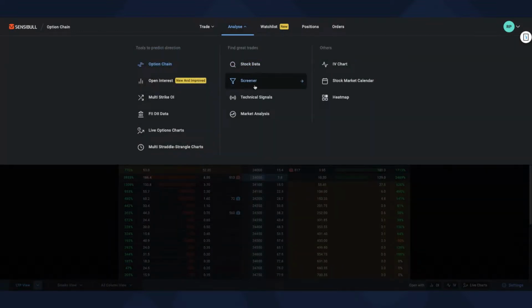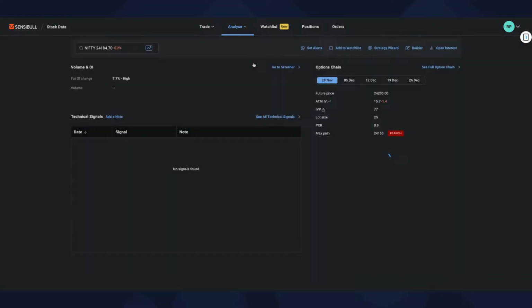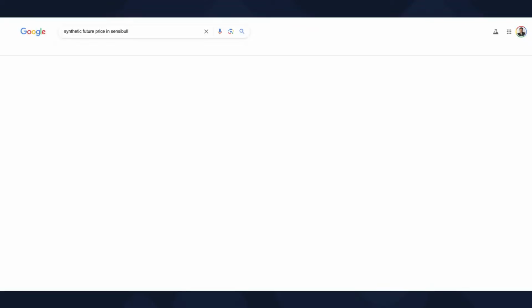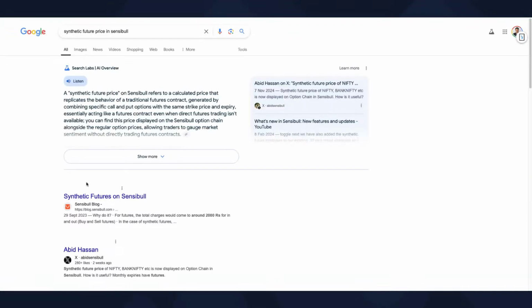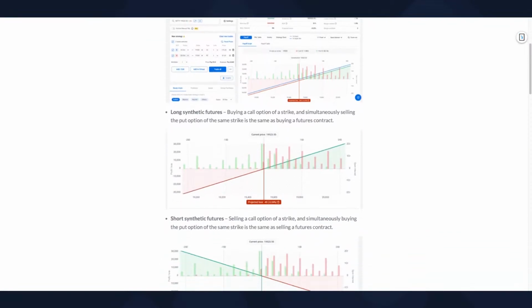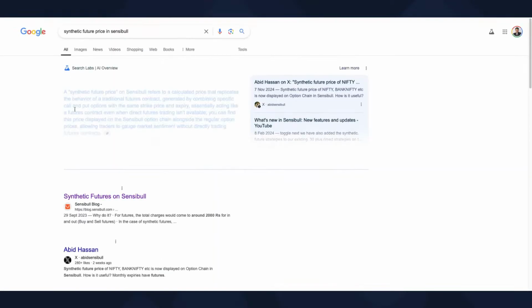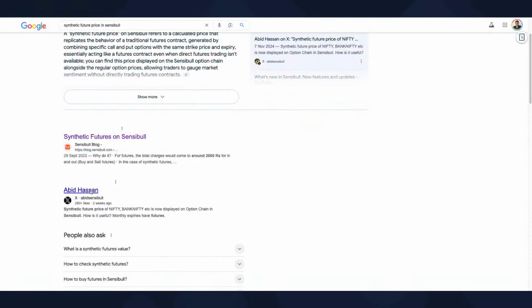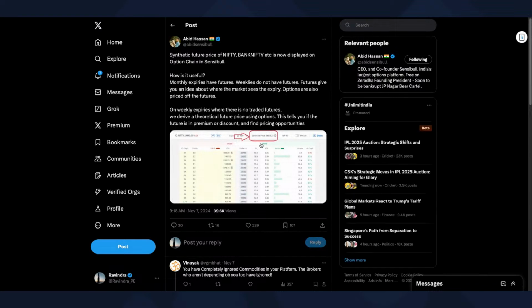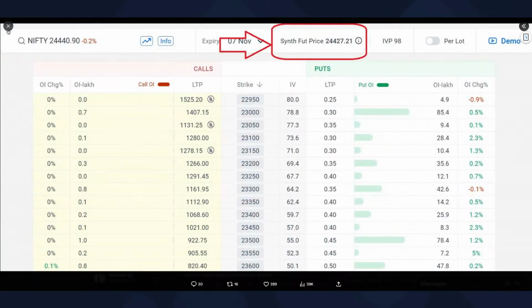I remember seeing it in Sensible, but I'm not very sure what happened. Let me give a search. I think an option chain.